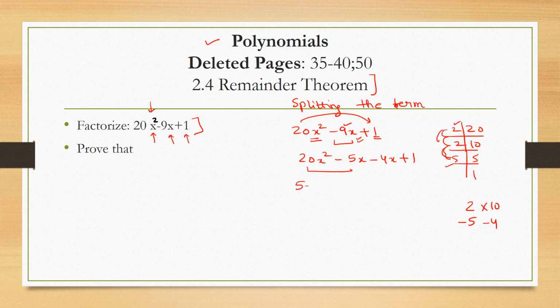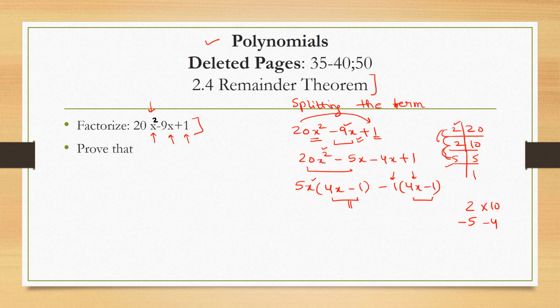Take out 5x common, 5 fours are 20, 1x is taken out, so 1x is left, minus 1, 4x minus 1. Why have I chosen minus 1? Because I want these two exactly the same. So it was required to take out minus 1 common, then only this sign would have been converted, correct?